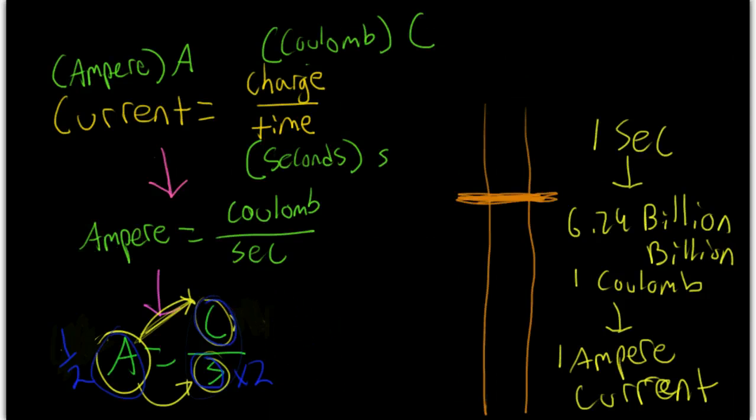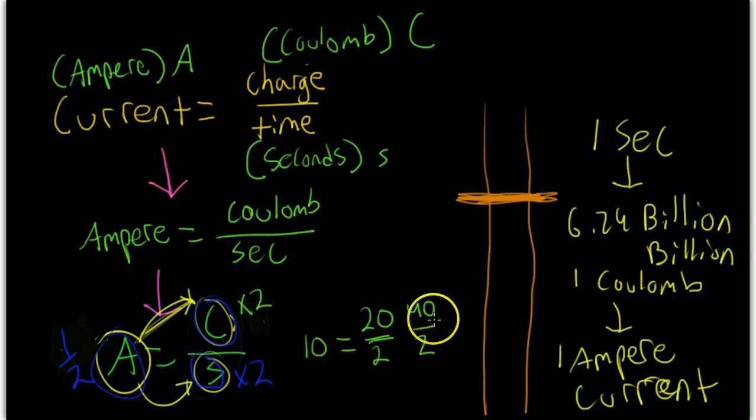Let's say we have, I don't know, maybe 10 amperes equals 20 coulombs over 2 seconds, right? Well, what happens if I go up here and I multiply our coulombs by 2? Well, I have 40. So now I have 40 over 2.